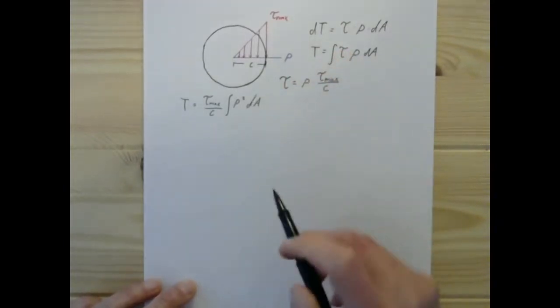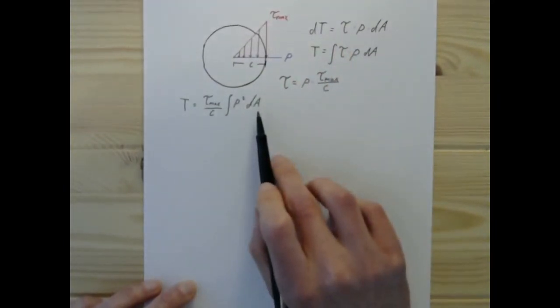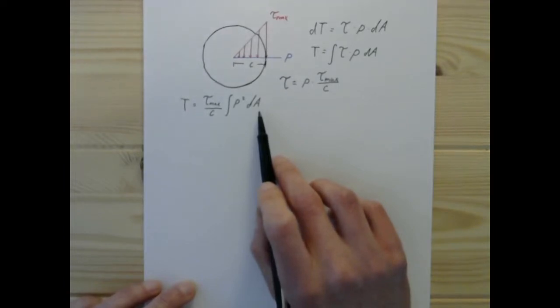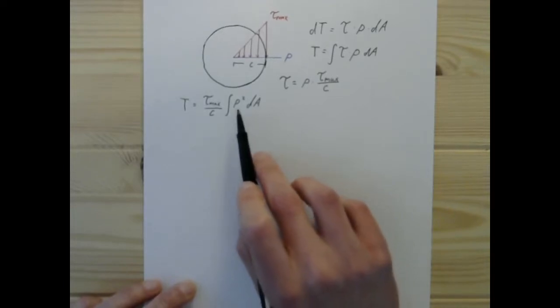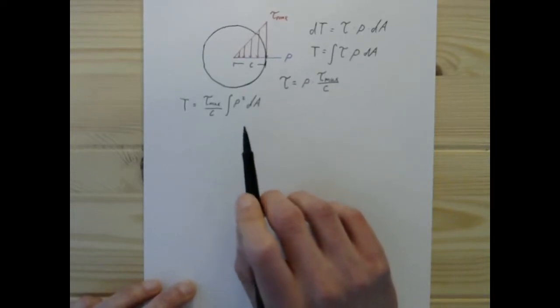But of course, we're still integrating over the area, which is not great. Optimally, we'd only integrate with respect to one distance, and that would be with respect to rho.